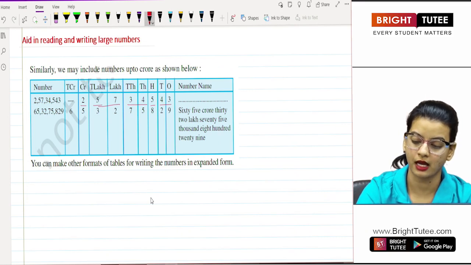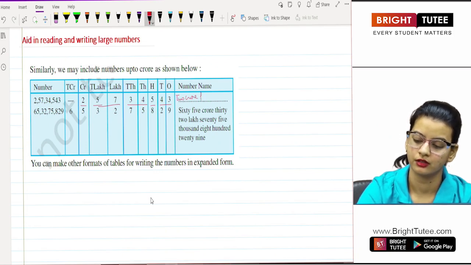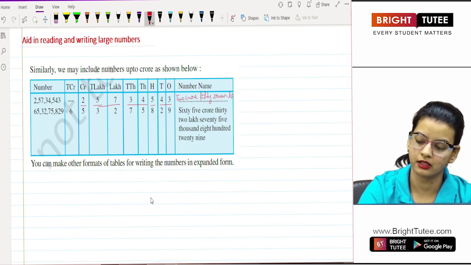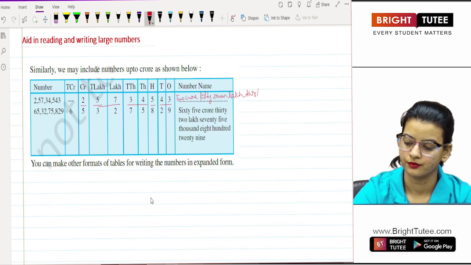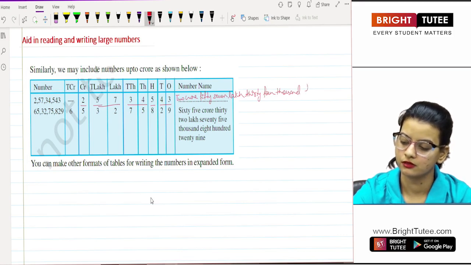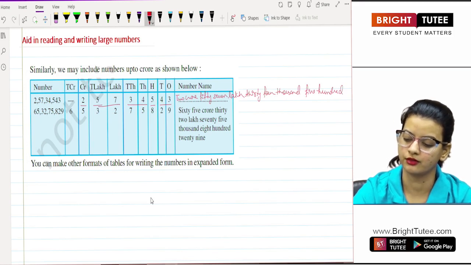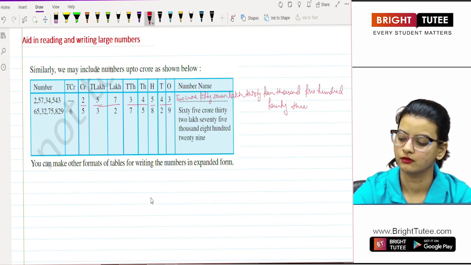So we can write this as 2 crore 57 lakh 34,543.